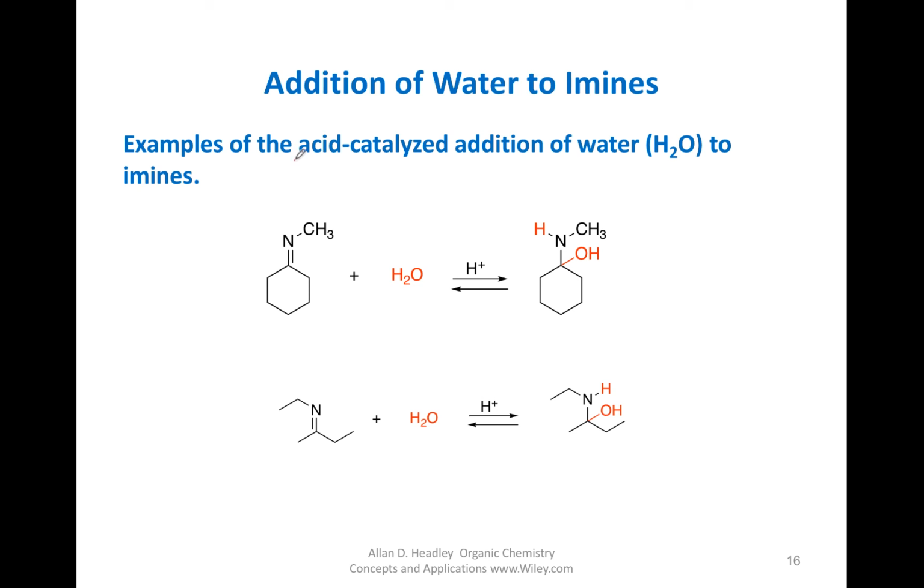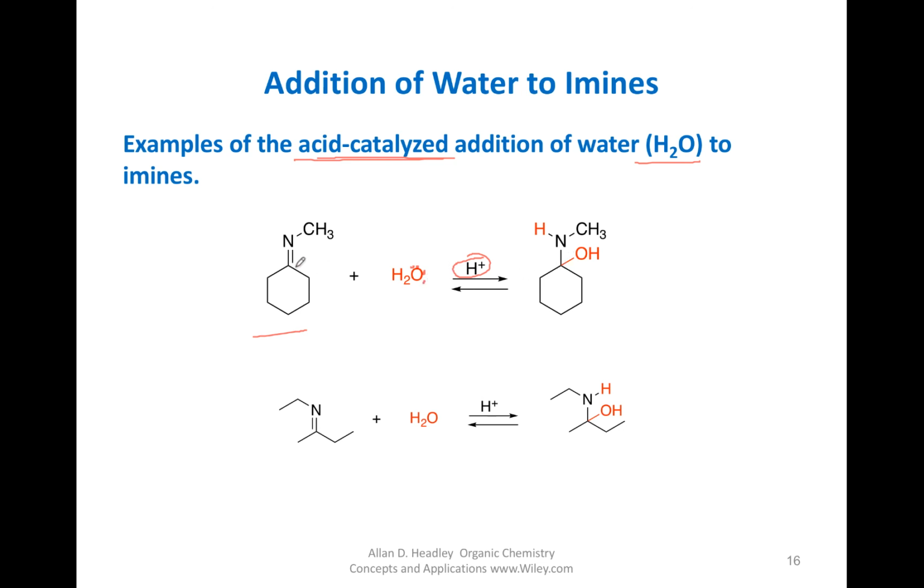Let us look at the acid catalyzed addition of water to an imine. So here is our imine functionality. It's acid catalyzed. That means we have an excess of protons. And here is our nucleophile. Of course, as you know, it has an unshared pair of electrons.